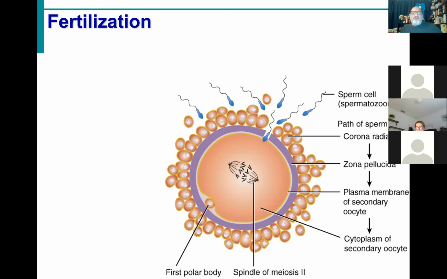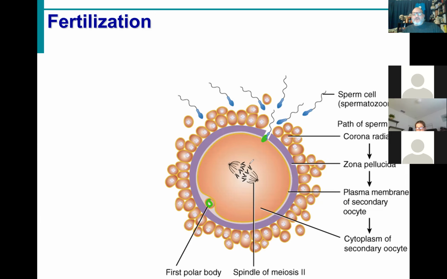Here we have a pretty picture that kind of shows the state of things. Notice in this case, fertilization has just occurred. The sperm has actually penetrated the surface of the plasma membrane of our secondary oocyte. Notice we can tell it's a secondary oocyte because our first polar body's in there. So we know it has already undergone the completion of meiosis 1.